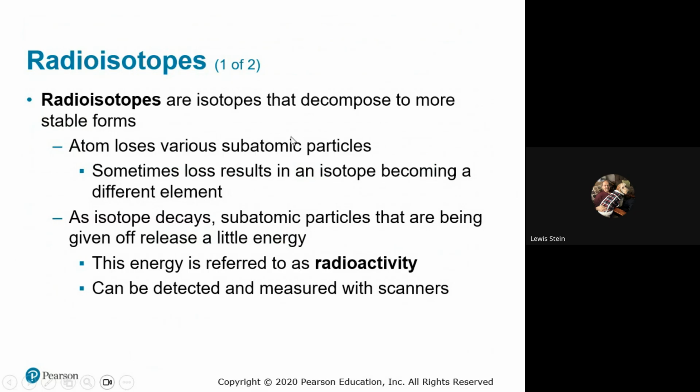So though those are relatively stable, radioisotopes like we talked about carbon-14, what makes them radioisotopes is that the decay gives off a certain amount of energy, which we refer to as radioactivity. And in the old days, it was easy to detect with something called a Geiger counter.